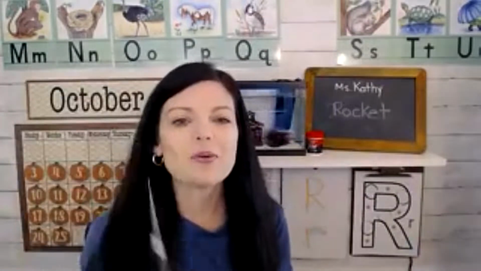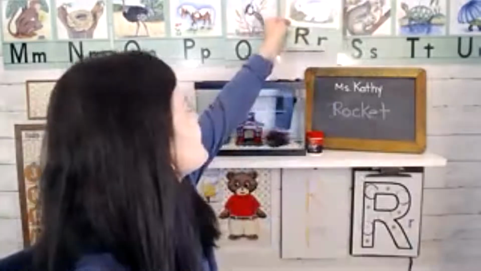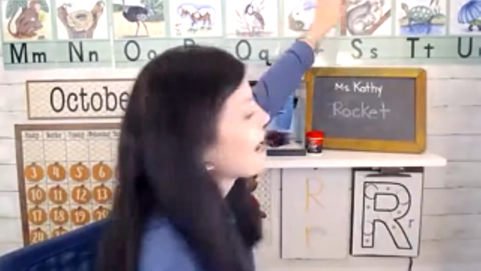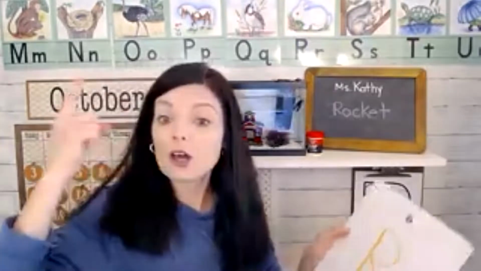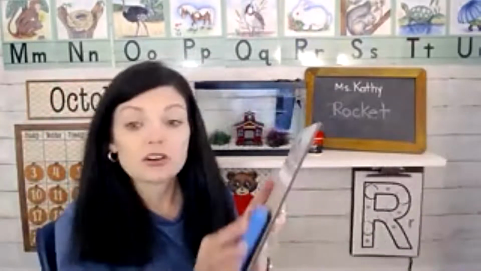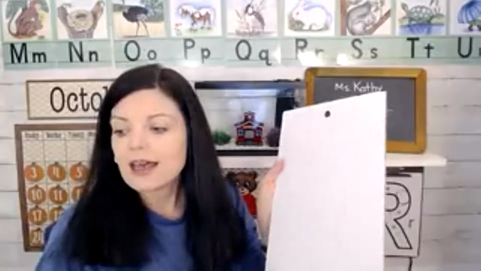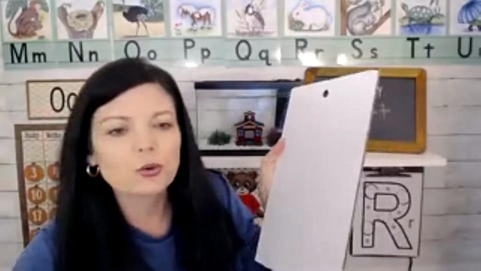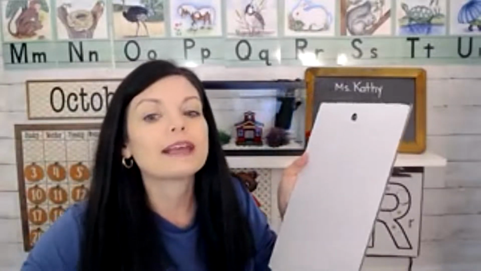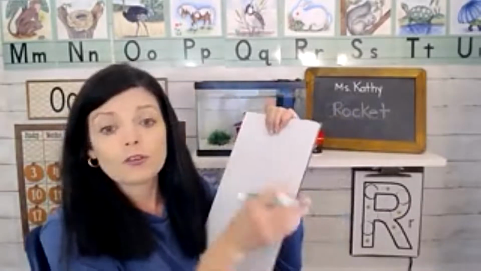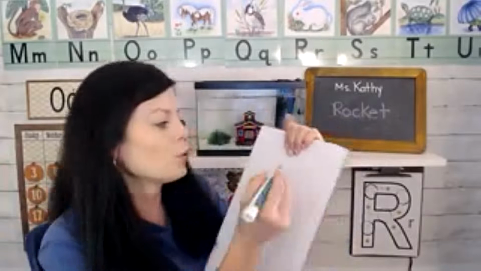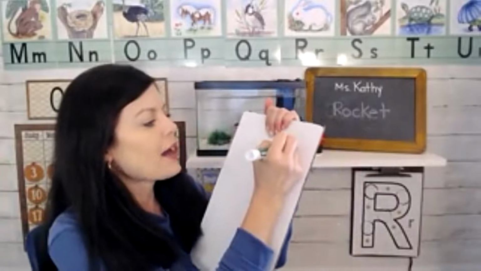Well, now that we know what letter R says, let's see if we can do some blending with the letter R, okay? So the first go around, session 1, we learned all the letter sounds. And during session 2, which is where we are now, we're learning how to blend the sounds together. And pretty soon in the future sessions, we'll be reading real words. But do you remember what the vowels are?